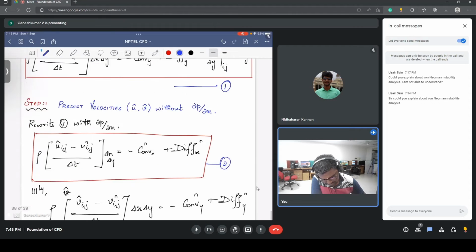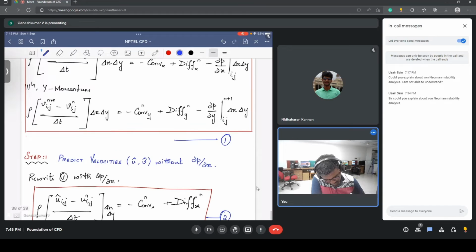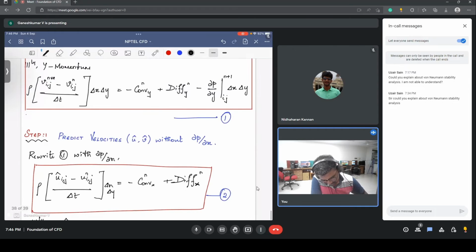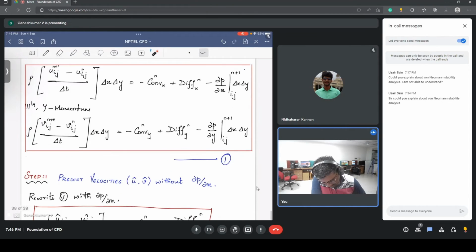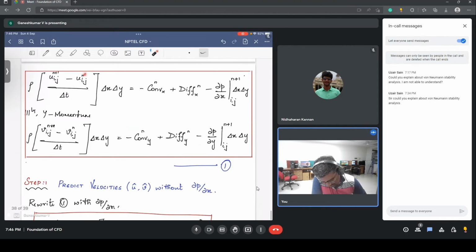Now we have equation number 1 and equation number 2, right? So what we will do is subtract 1 minus 2. Now what happens if you compare these two? The convection term and diffusion term would go away. Only the pressure gradient term remains, and on the left hand side the u at n will go away, because we are subtracting these two.